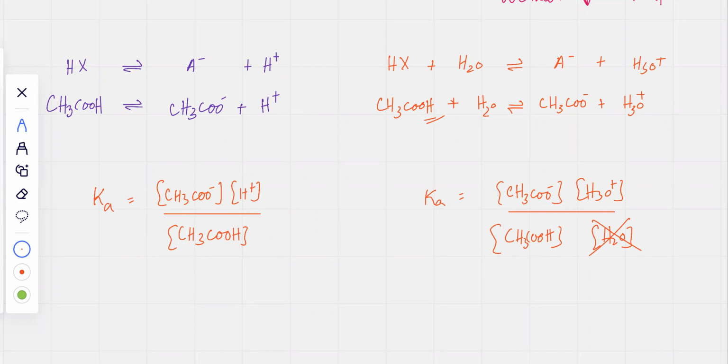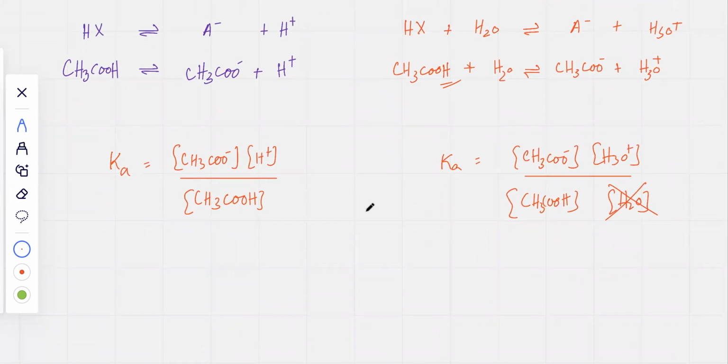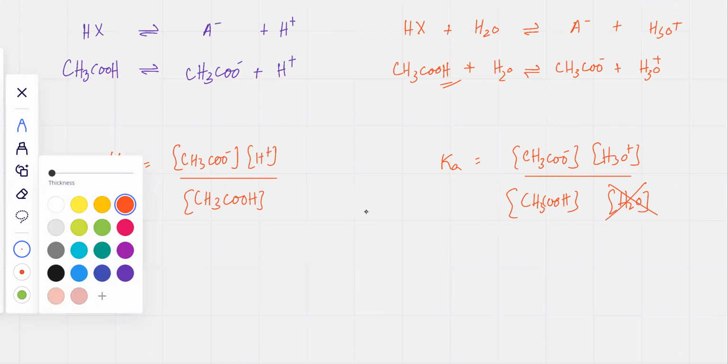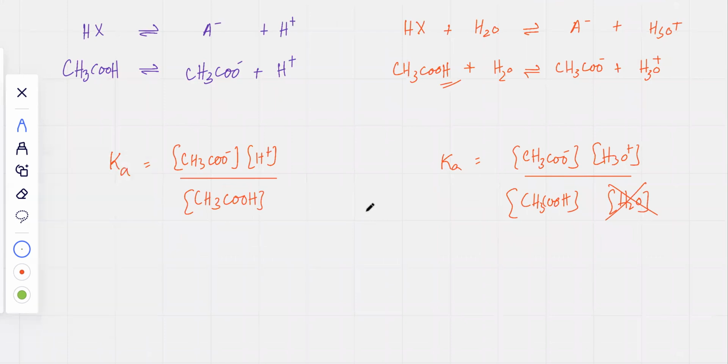No matter which equation you use, you get the same expression. The general equation for the dissociation constant is basically products over reactants. If K has a large value, that means there's more dissociation. If K has a small value, there's lesser dissociation.